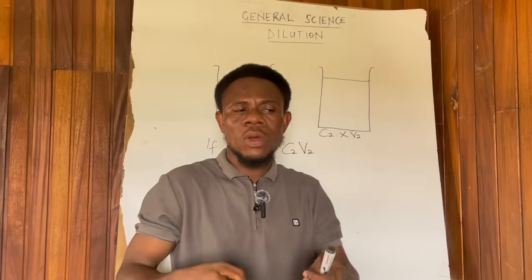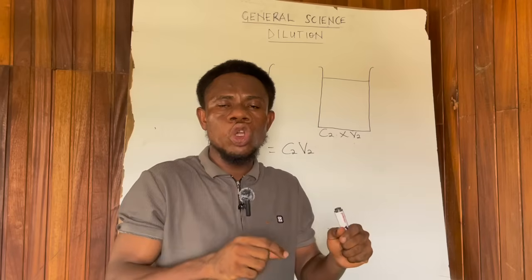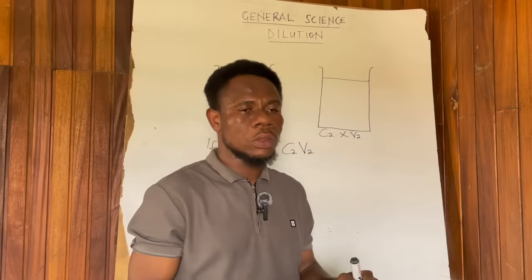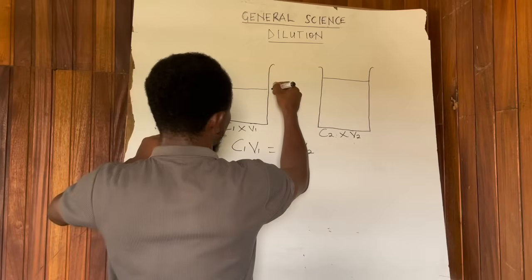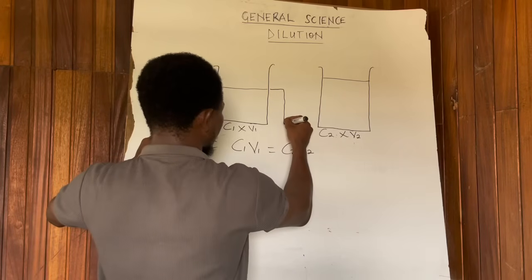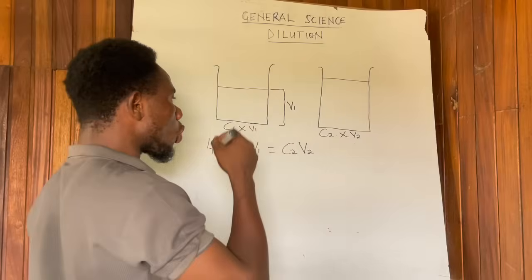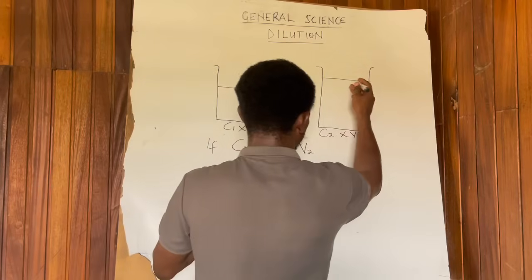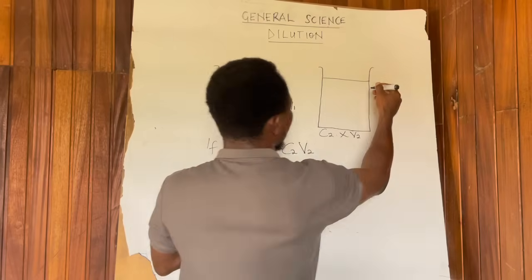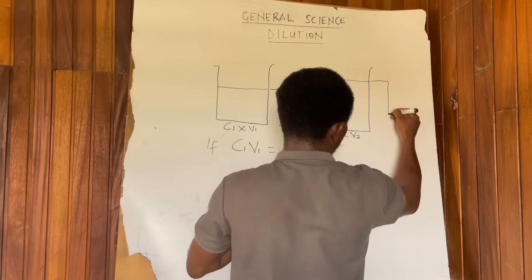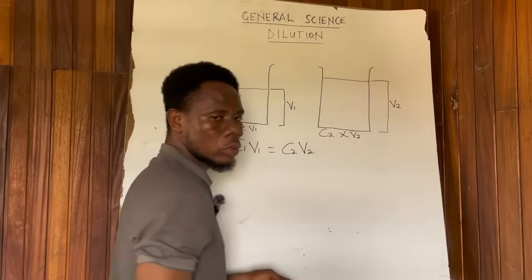Now, the amount of water which was added is different from the final volume of the solution. Now, look at this. At first, this was the volume, which is V1, volume 1. Now, this whole process, after we added the distilled water to the solution, became what? Volume 2, right?